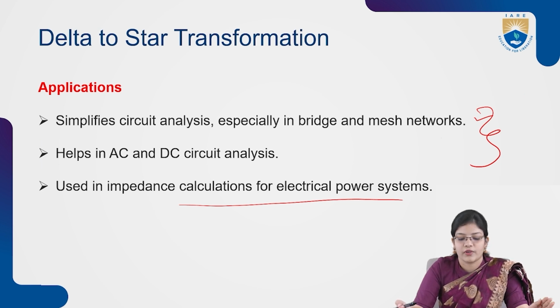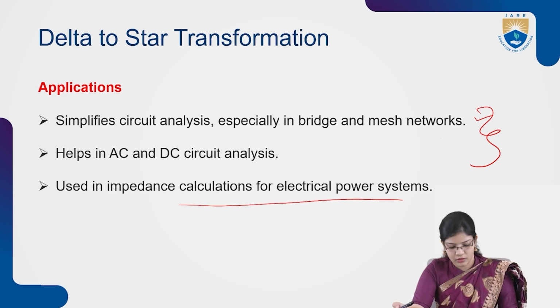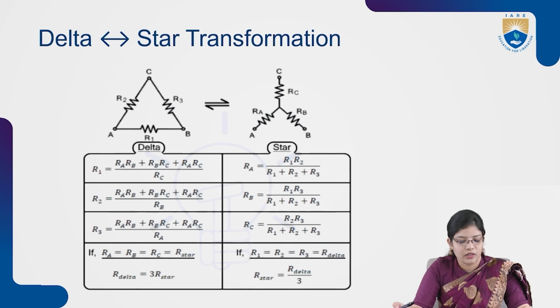So first, for the conversion of star to delta or delta to star, we need to remember those formulas. By using these formulas, we convert the circuit into star or delta depending upon the specification. Here are the differences.